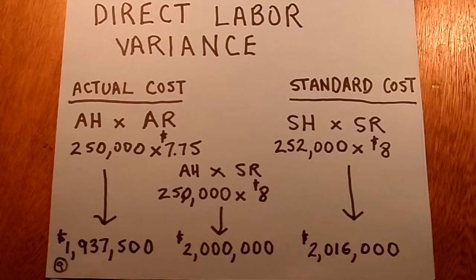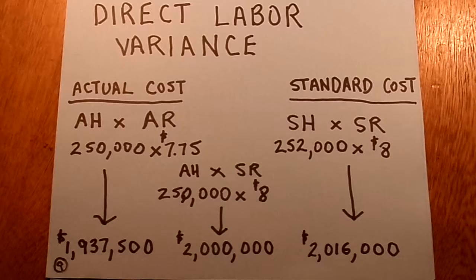So first we have the actual hours times the actual rate. Way back in the facts we said we had 250,000 hours, and our actual wage rate that we paid people was $7.75, a little bit higher than minimum wage. Again, each of those came from the facts. The actual hours times the standard rate, though, is the same 250,000 hours, except we budgeted a rate of $8.